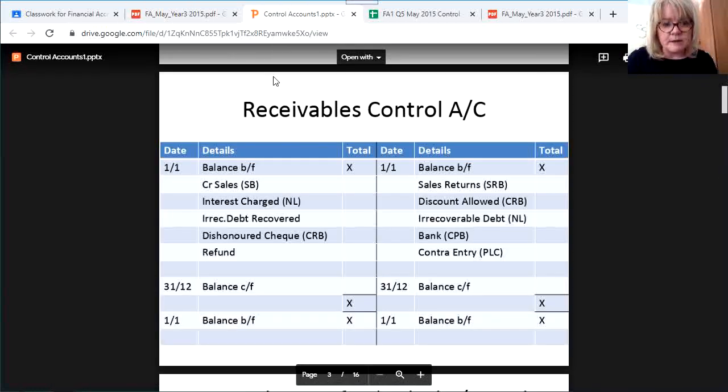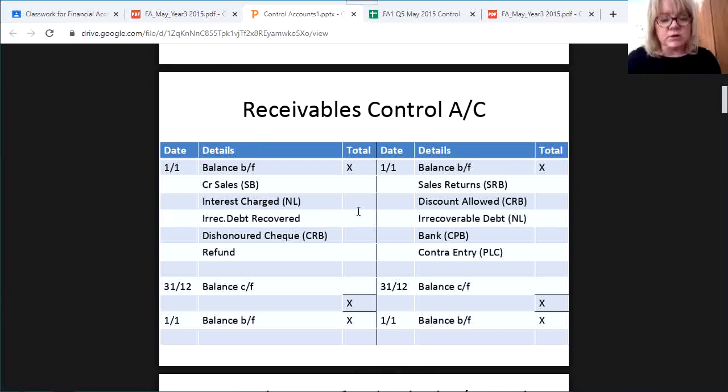So just to recap, the receivables control account is like a master receivables account, and on the debit side you will have your main balance for the receivables, and you'll be adding on any credit sales to that. You only deal with credit sales in the receivables control account, never cash sales. You'll have interest charged, again that'll be increasing the main balance.